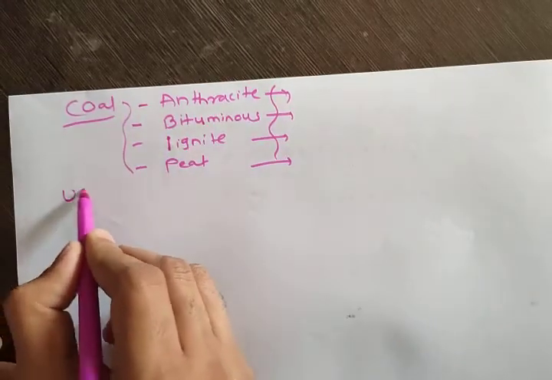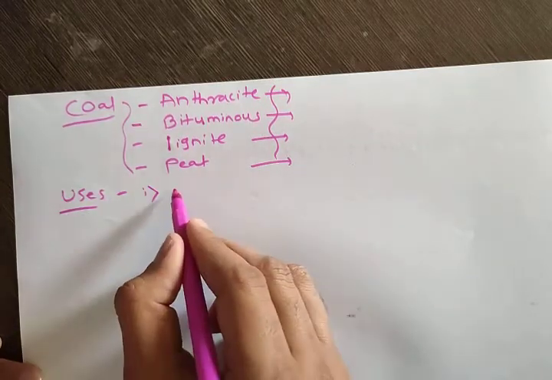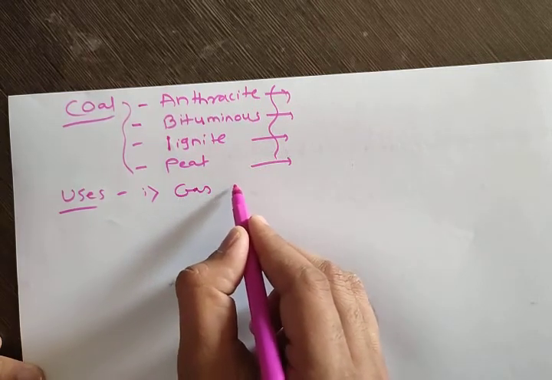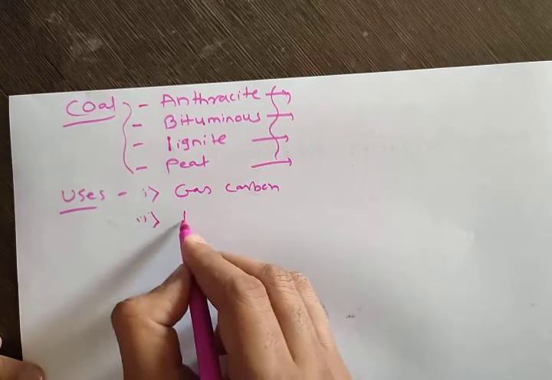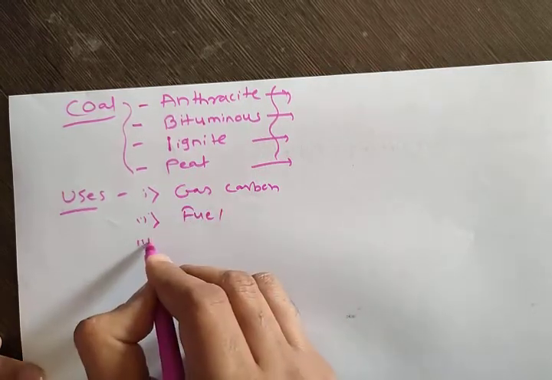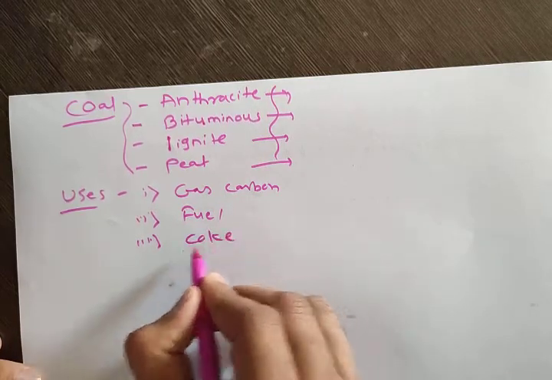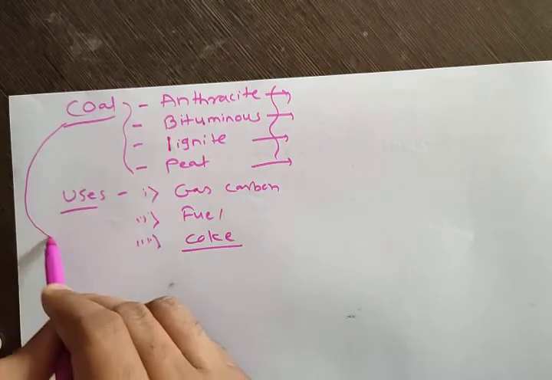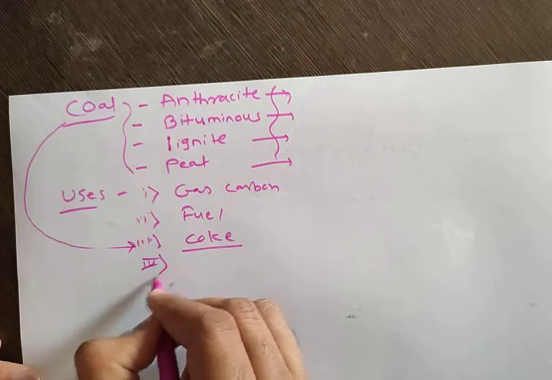What are the uses of this coal? The first use we have already seen: it is used for the production of gas carbon. Then it is used as a fuel, as we have just seen. Then it is used for the production of coke. I told you how coke is produced: when destructive distillation of coal is done, whatever substance remains is nothing but coke.